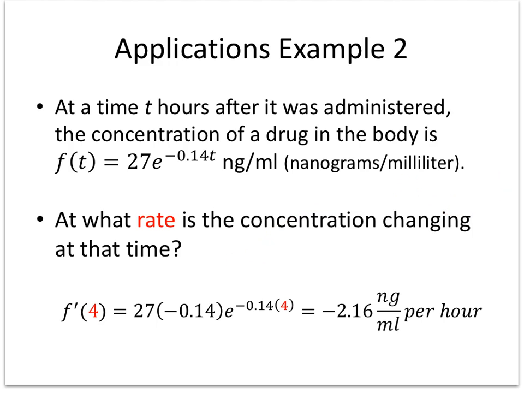All I have to do here is plug in my 4 again, and this gives me my rate, and I'm hoping you're starting to think, well, that makes sense, because we hope it would be negative, since the drug is leaving the body. In fact, I think this may be exactly your group work problem.